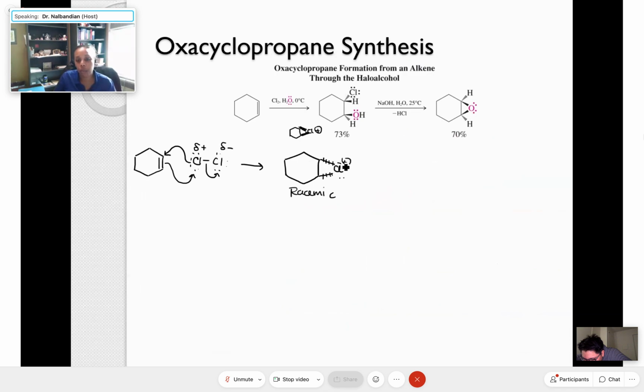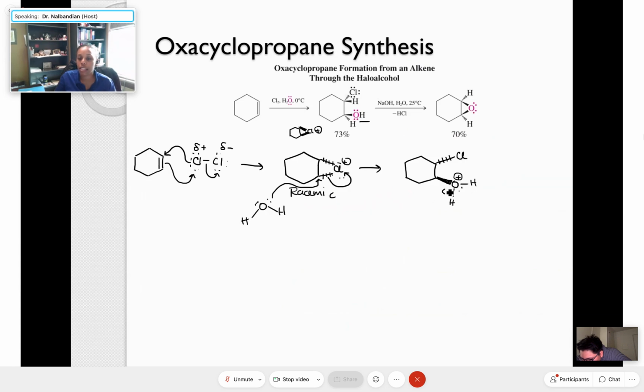Then we have water, which will come in and attack. And so the water, I'll draw it here from the lone pair to one of those carbons. It doesn't matter which one, but here, I'm just going to draw it to this carbon just because that's where the OH ends up in the end. So our chlorine stays on a dash line, and our oxygen gets added on the wedge. It's adding to the opposite face. We know that that oxygen will have a positive charge.